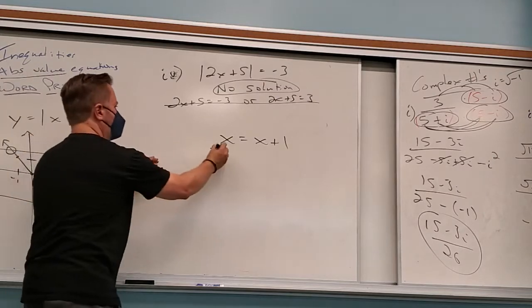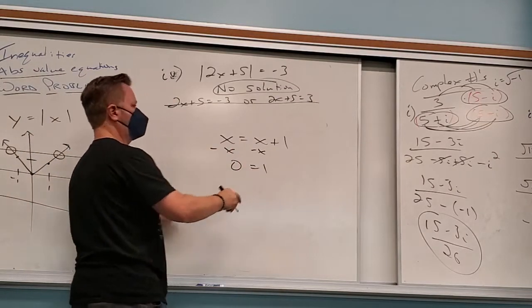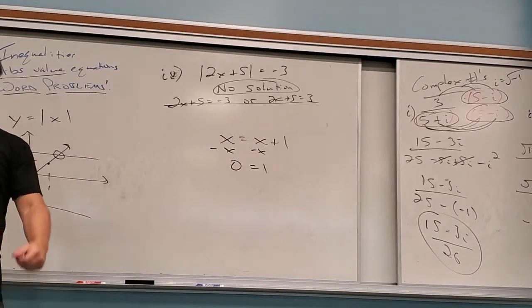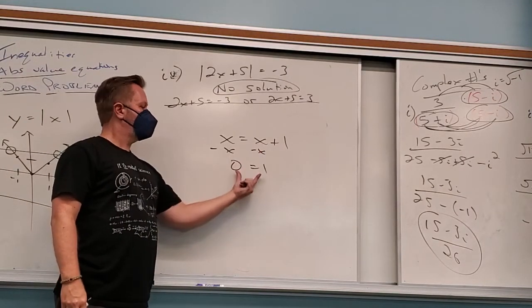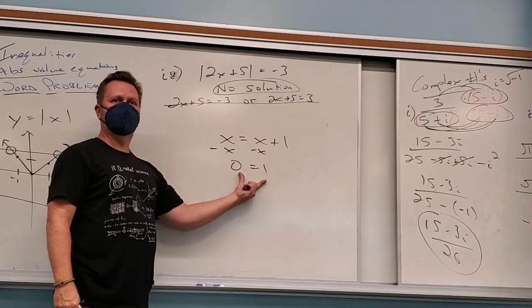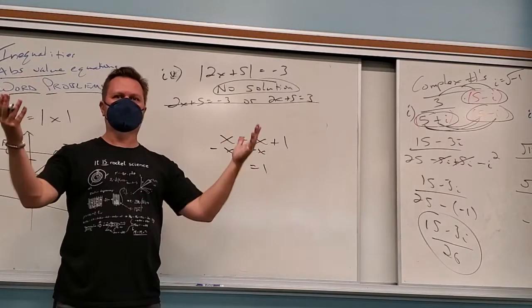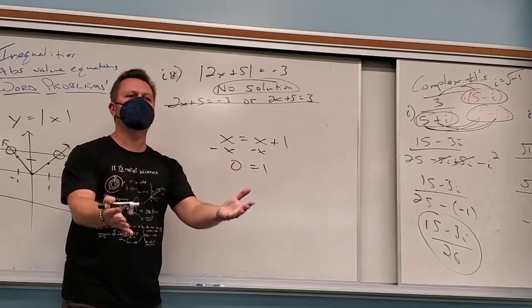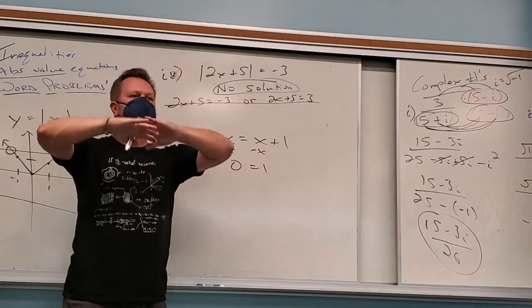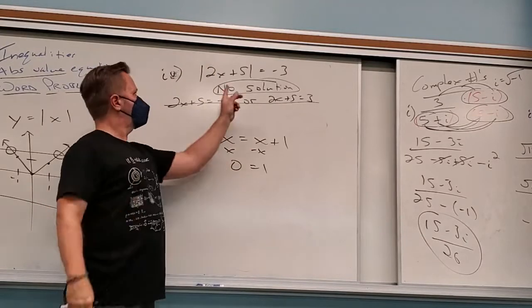If I try to solve it, I get 0 equals 1. And I'm like, what a discovery. Well, no, what is this trying to tell me? This works when this works. When does this work? So this doesn't work. No solution. So we see these kinds of problems where I do everything right, but there's still no answer because the initial equation didn't make sense. So this equation makes no sense.